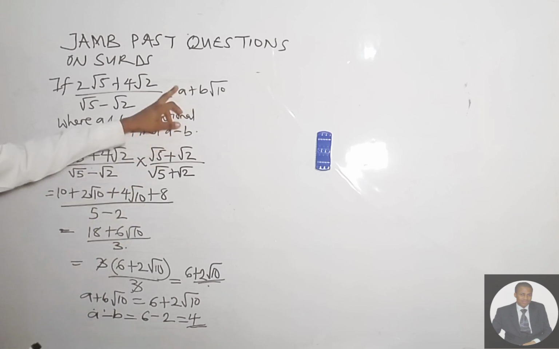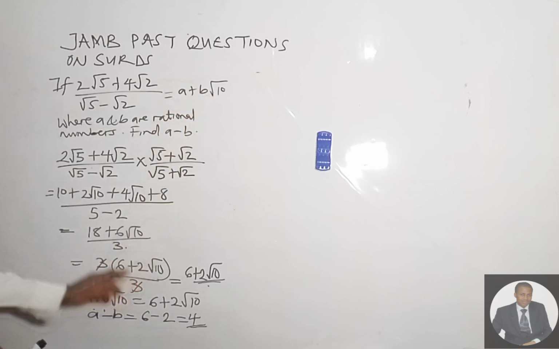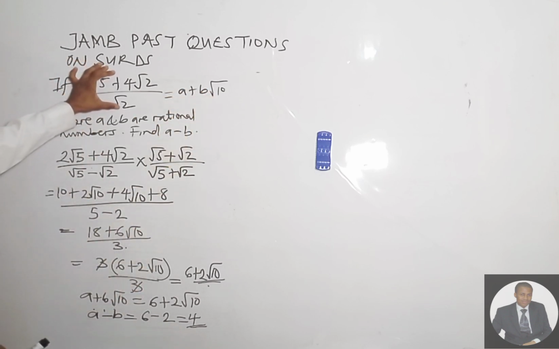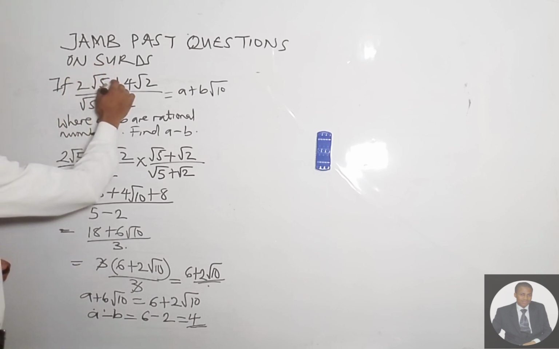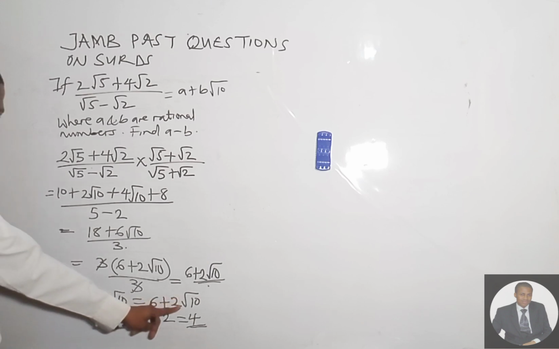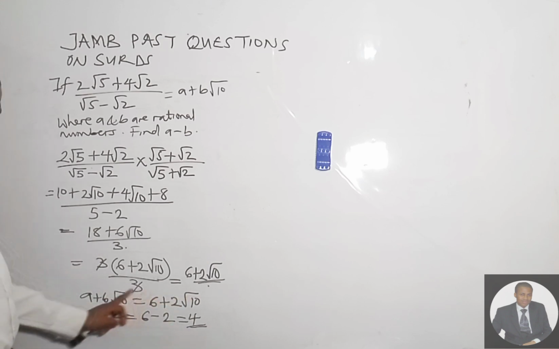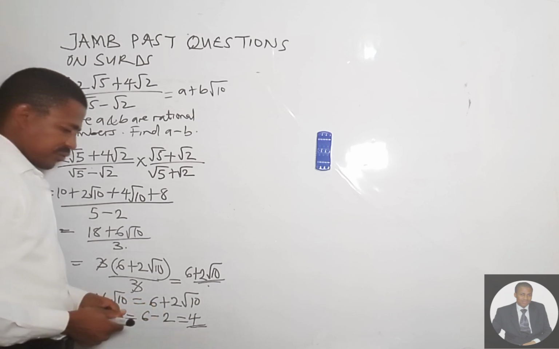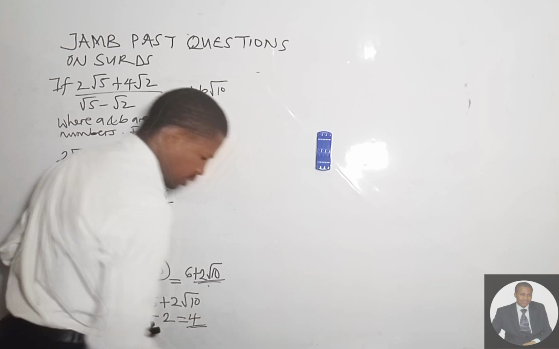Because we are told that a plus b root 10 gives us the simplification of this question above. So a plus b root 10 is the same thing as 6 plus 2 root 10. So a becomes 6, b becomes 2. So a minus b will be 6 minus 2, and that will give us 4 as our answer.